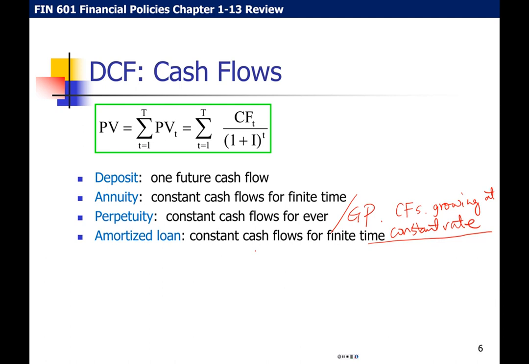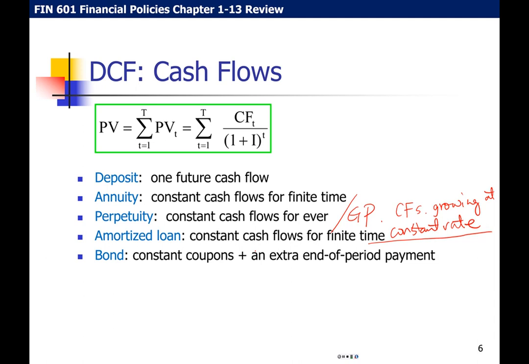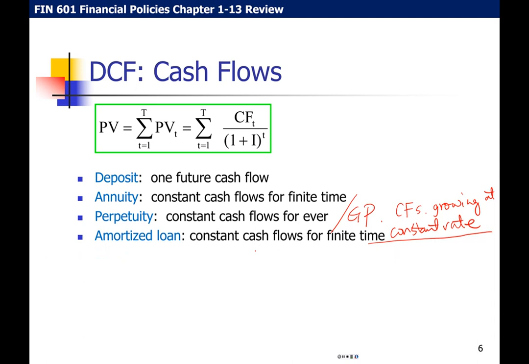You can make constant payments for 36 months, right? That's an example of an amortized loan. And amortized loans are the same as annuities, right? Constant cash flow for a finite time.